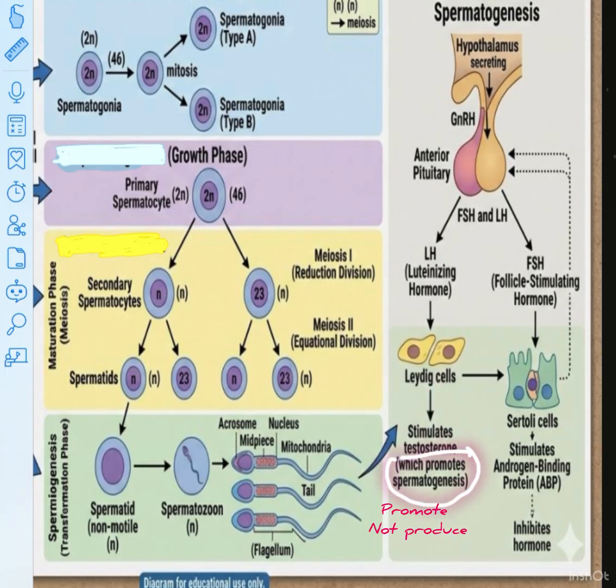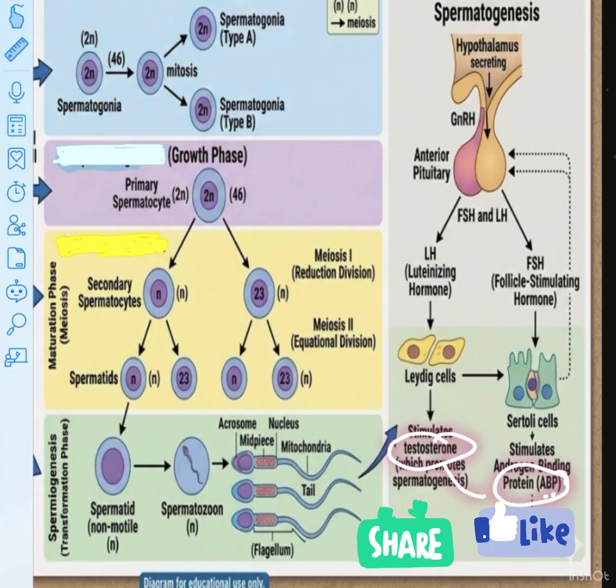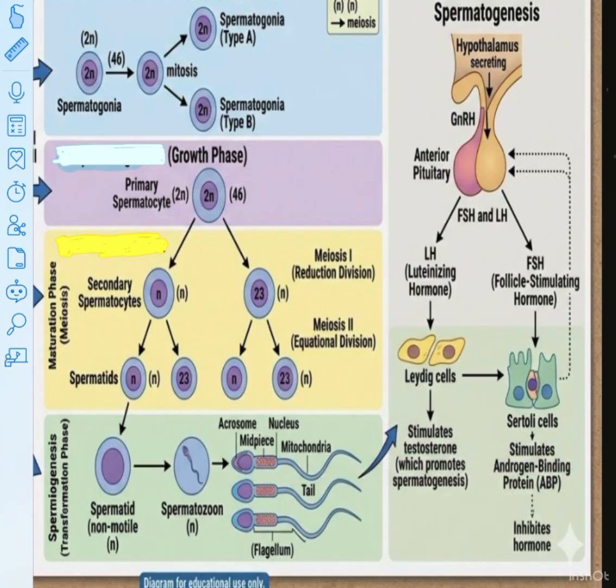This testosterone promotes spermatogenesis, and a protein, androgen binding protein, ABP, is also secreted. Testosterone is also known as androgen, and ABP binds with androgen, and it also secretes inhibin, an inhibiting hormone that controls the mechanism, that is the feedback mechanism.